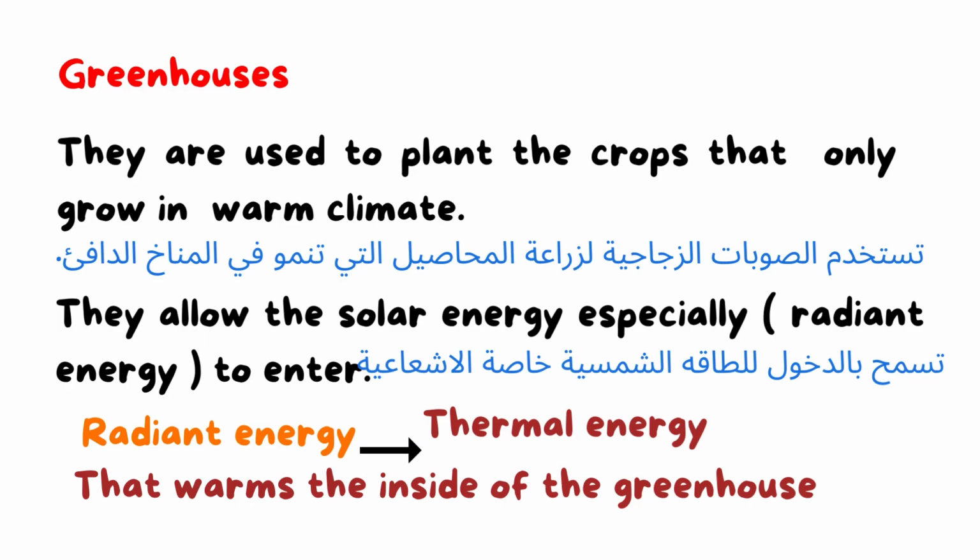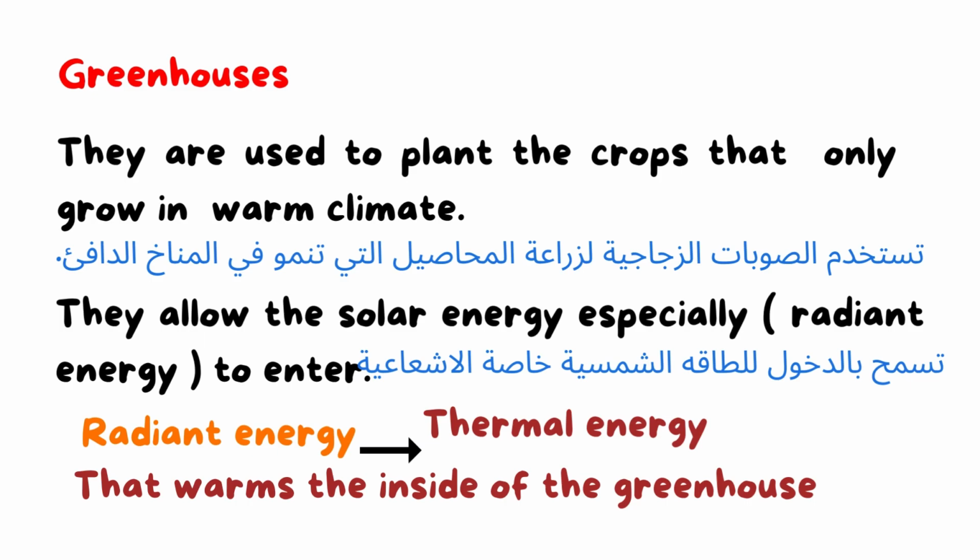And this radiant energy will convert into thermal energy, okay, that is used to warm the inside of the greenhouse. So the greenhouse is a warm place, so we can plant the crops that need a warm climate to grow, okay.